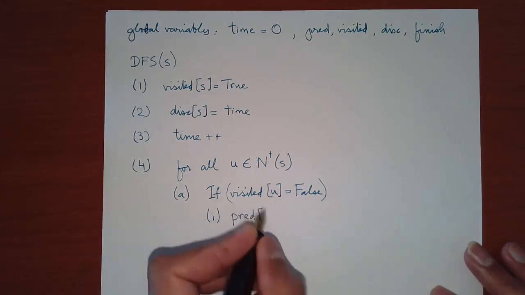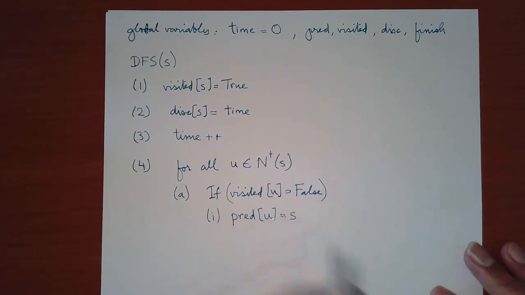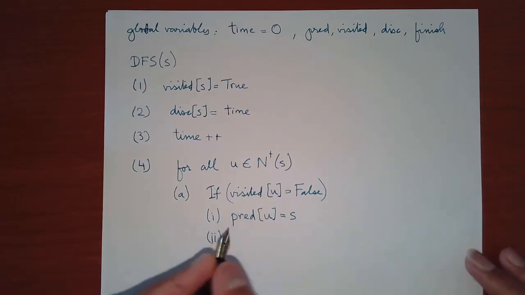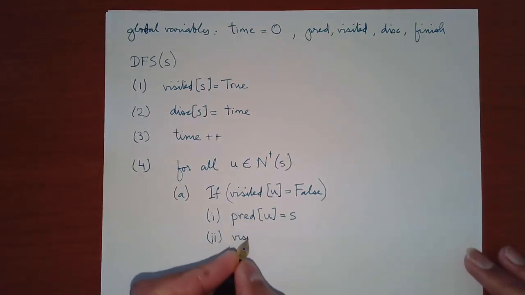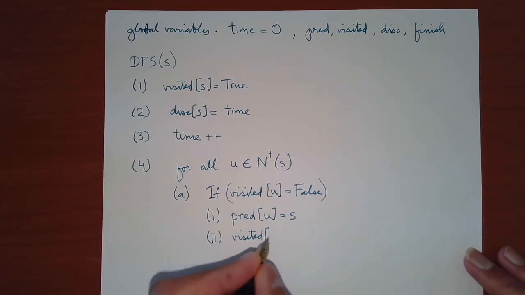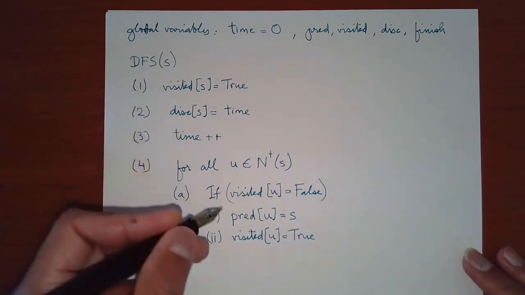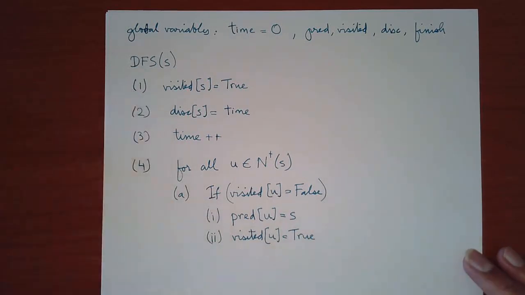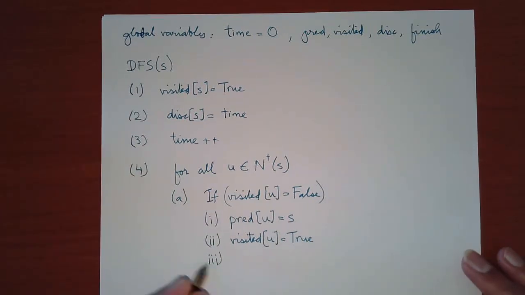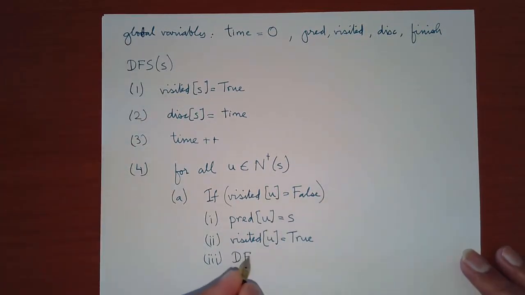I say the predecessor of U is S. And then, just to be safe, I'm going to set the visited of U to true. So I'm sort of setting it in both places. You don't need to do that, just to be safe. I just want to emphasize that whenever you call something, it's visited. And then we're just going to make a recursive call to DFS of U.